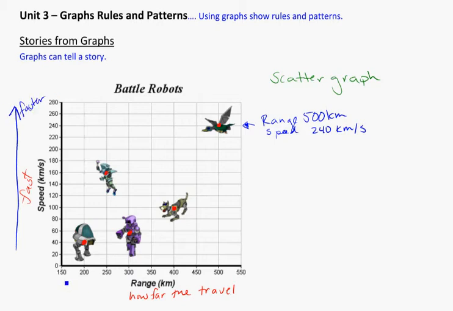And the further along this axis, the further you can travel. So we'll notice the slowest robot with the shortest amount of distance is this guy here. So this one here is slowest and also shortest distance.